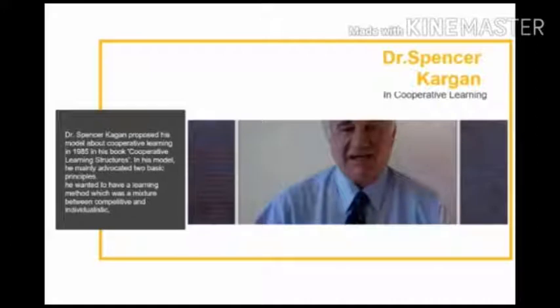He wanted a learning method which was a mixture between competitive and individualistic. So it is well understood that in this technique, students are able to develop their communication skills and their responsibility in accepting or admitting other suggestions, while individually learning or gaining some materials at one time.